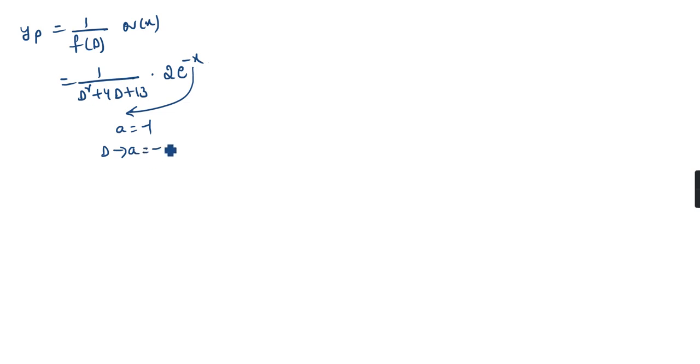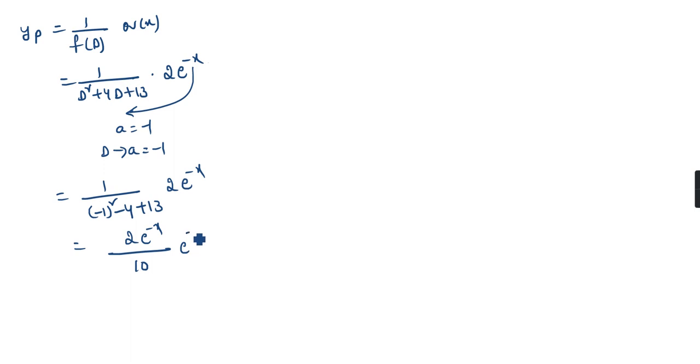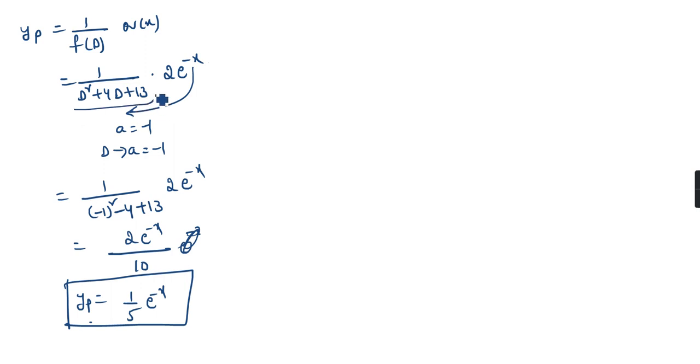Replace d by minus 1: 1 by minus 1 whole square minus 4 plus 13, into 2 into e power minus x. So 2 into e power minus x by 1 minus 4 plus 13, that is 10. So 1 by 5 into e power minus x. So that is yp. See, these derivatives we are eliminating so that we get this answer.